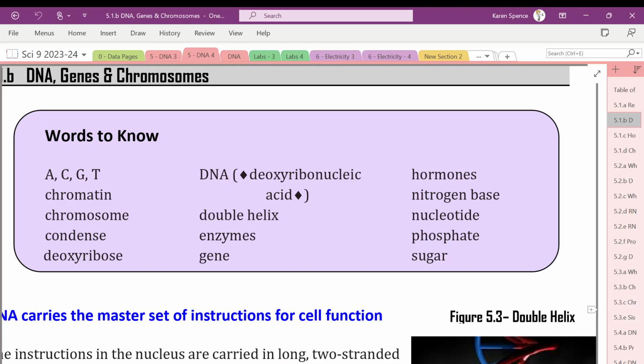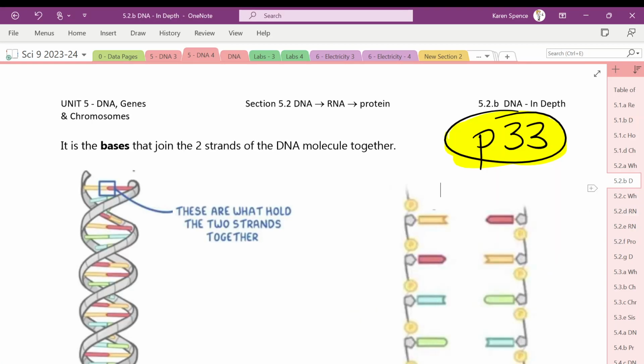Alrighty, today we're going to finish off DNA in depth, and we are on page 33. So I'll give you a minute to get back to page 33.